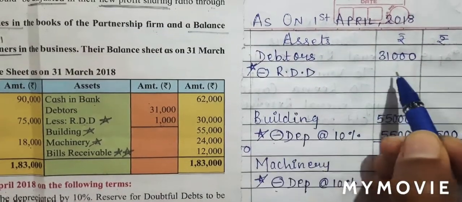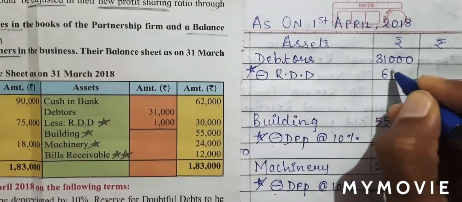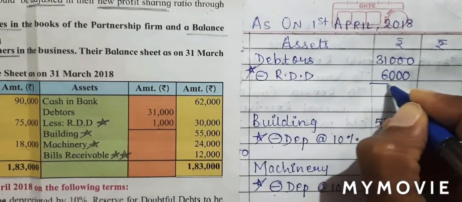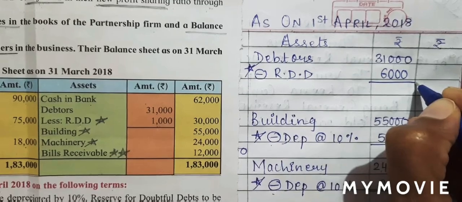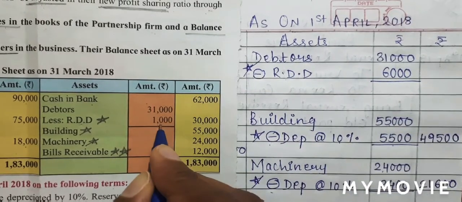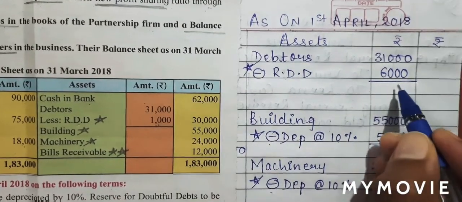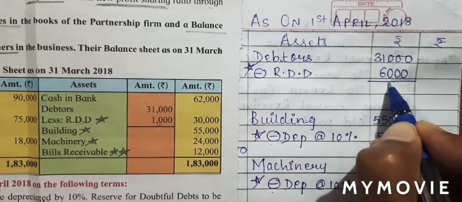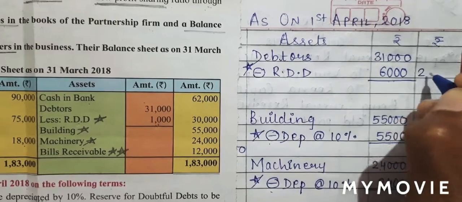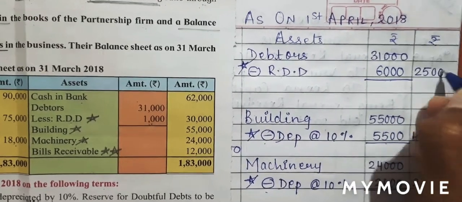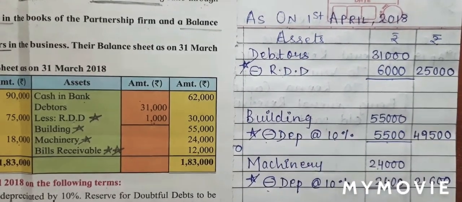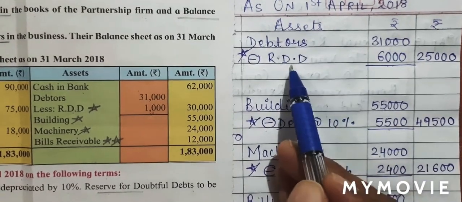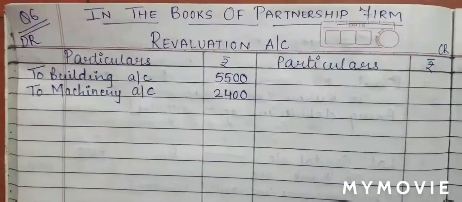So 1,000 plus 5,000 will give us 6,000. So 31,000 minus 6,000, I'll get a balance of 25,000 in the outer column. So this is our first effect for RDD.